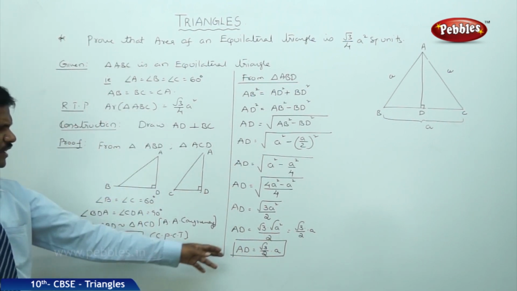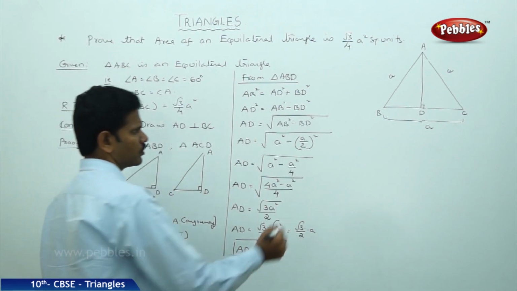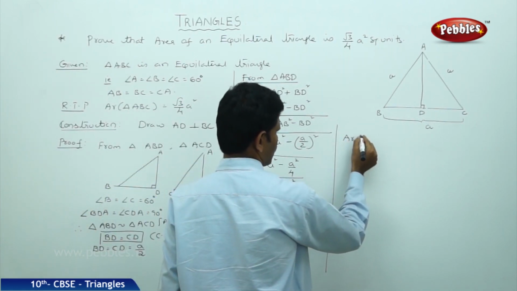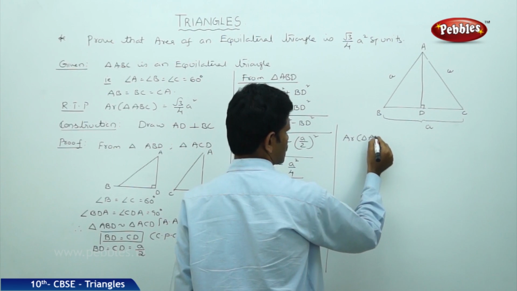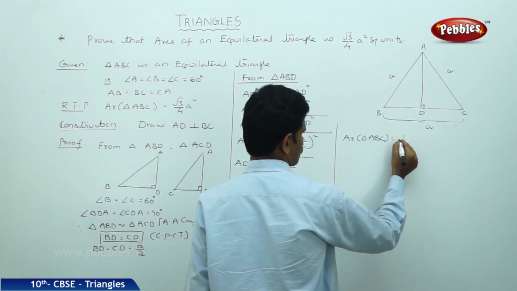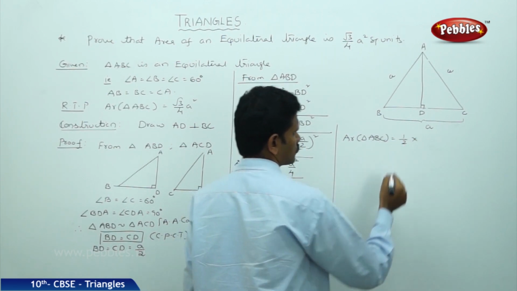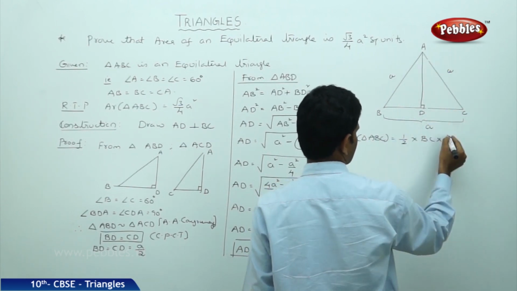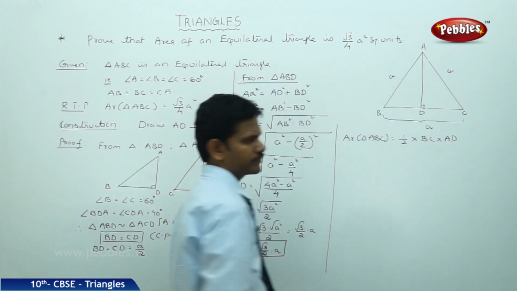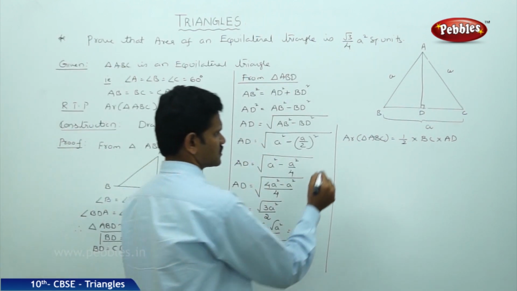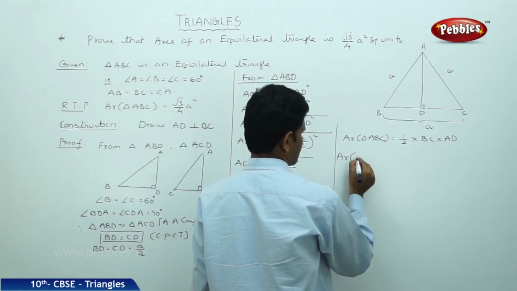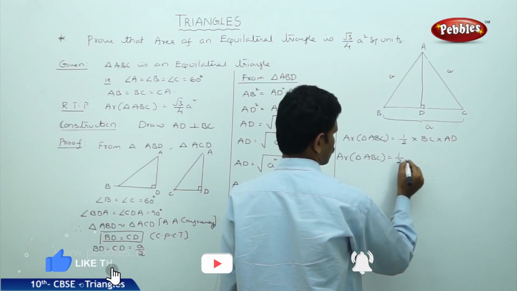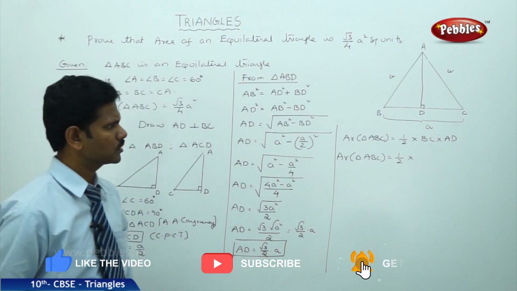Now I am ready with the value of AD. Now we have to find the area of triangle ABC, which is equal to half into base BC into height AD. That is, area of triangle ABC is equal to half into BC value.